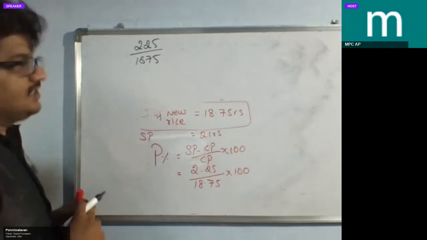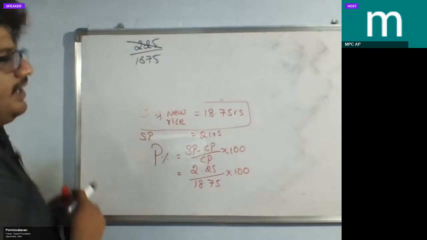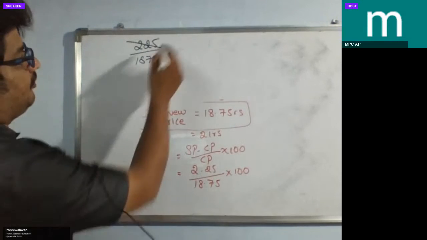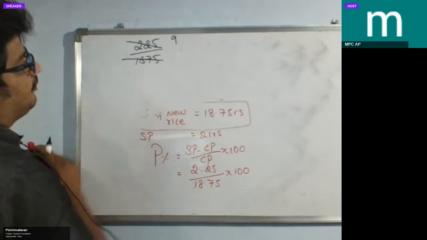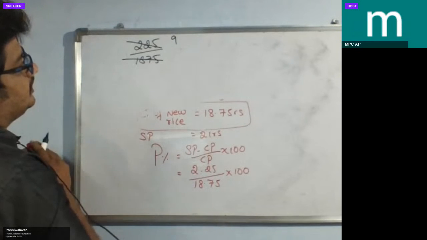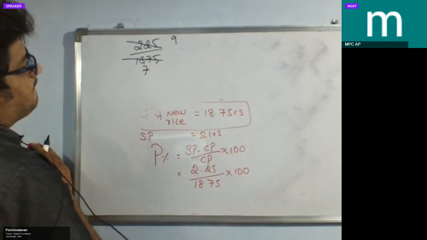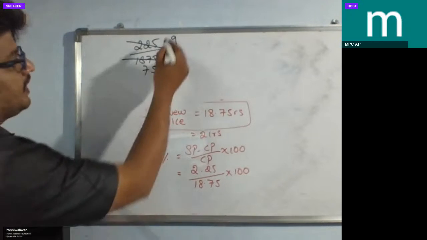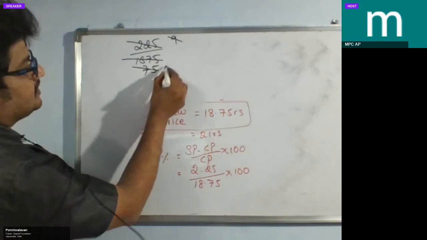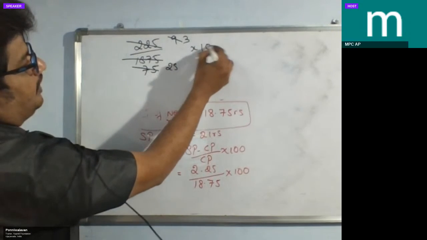If you divide by 25, this is 9 and this is 75. Again, if you divide this now, this is 3 and this is 25 into 100.